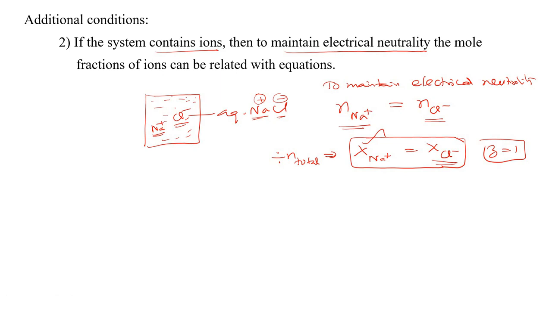Then we have one more additional condition. Suppose your system contains ions, then to maintain electrical neutrality, some additional condition will arise, and for this condition also we have to subtract one variable. So in the case of a reactive system, we have to concentrate on all these items.